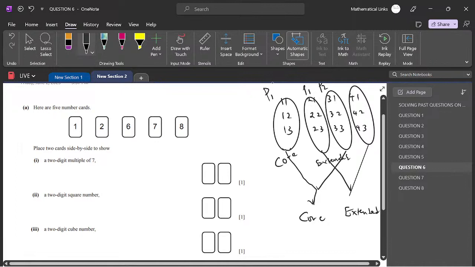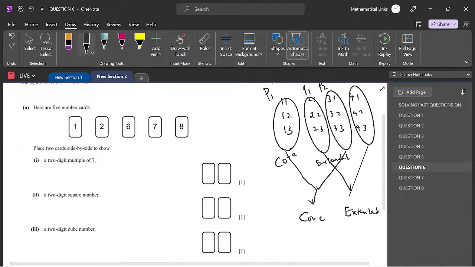Okay, so this will be paper 1 and paper 2 for core students. Let me circle them. They are papers 1 and 2 for core students.